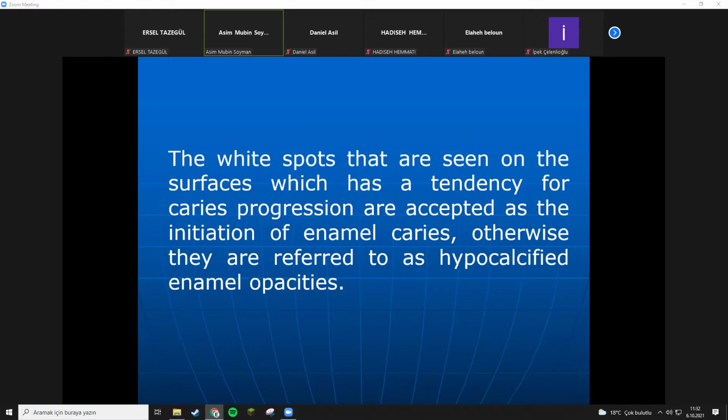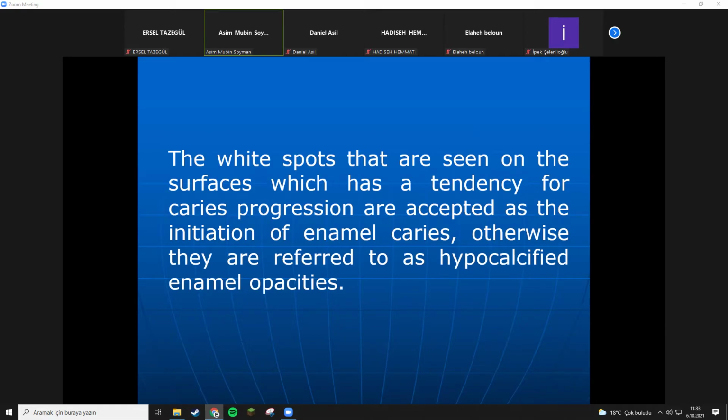Please read these sentences, and I'm going to explain it with a picture.